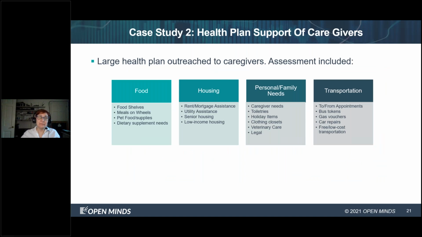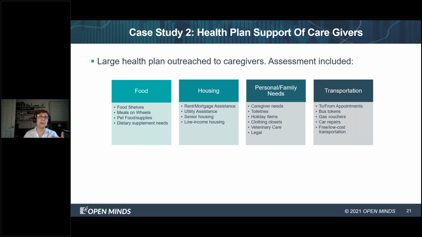The next one was a large health plan that decided to outreach to their members who were caregivers to older adults. So the assessment included what services, what supports did you already have for your older adult for which you were a caregiver? And what about housing?